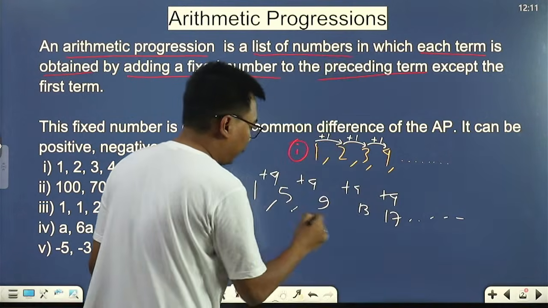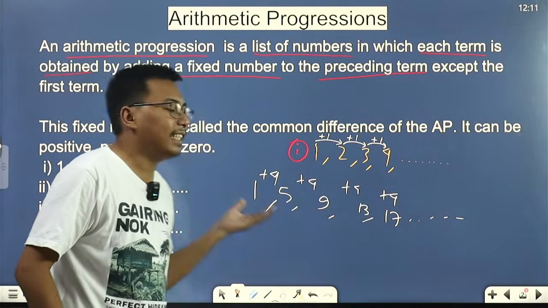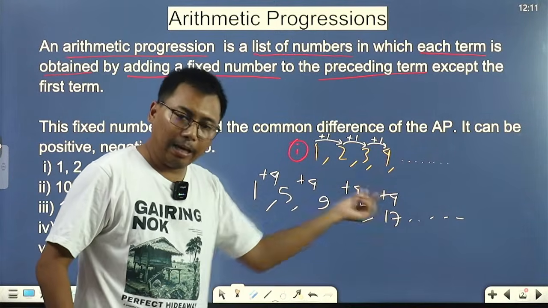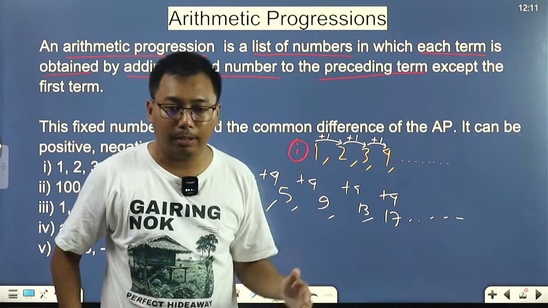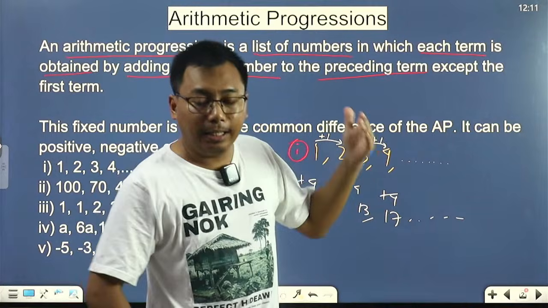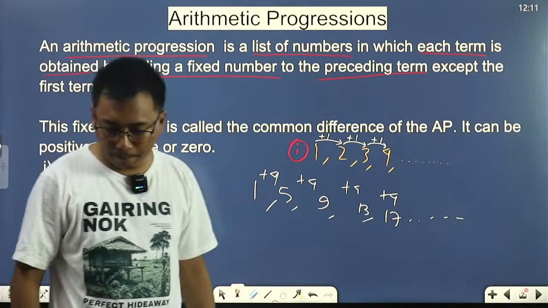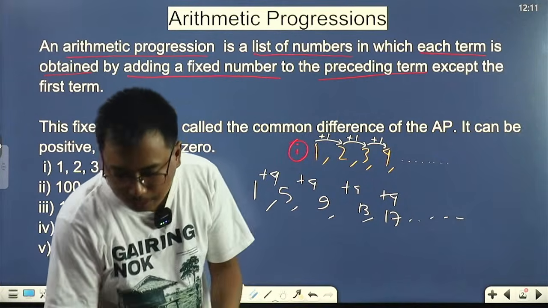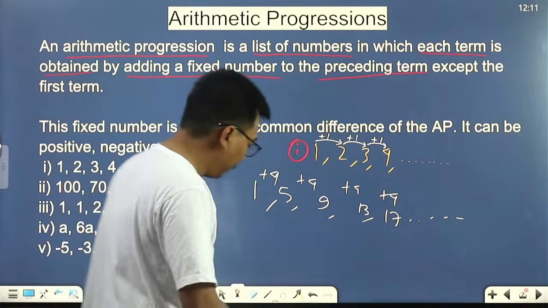So this list of numbers is increasing by a fixed number, 4, every time. This kind of list of numbers is what we call an AP. Is it clear? All right.